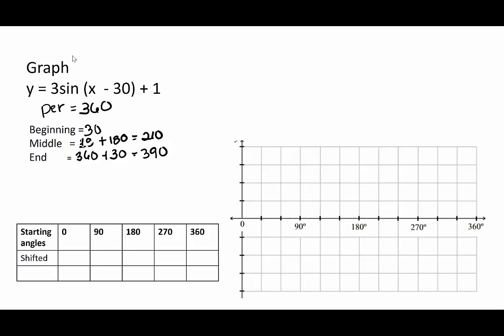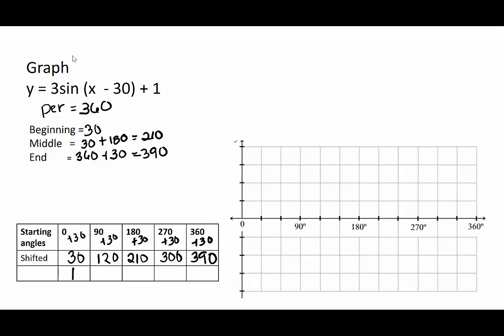To graph a regular trig function that has not been shifted, we typically use 0, 90, 180, 270, and 360 degrees. But since this one has a phase shift, we are going to add 30 to all of those key points. So now, instead of plugging in 0, we're going to plug in 30 into our equation and see what that does.